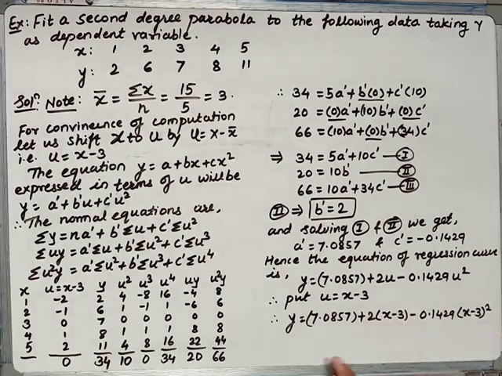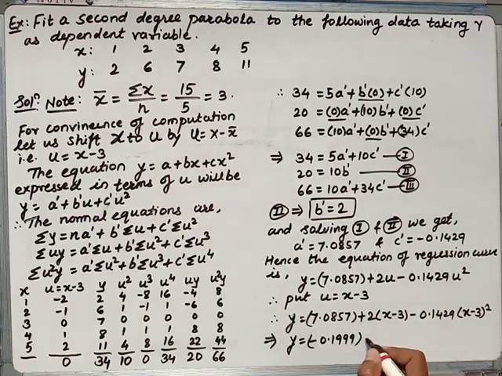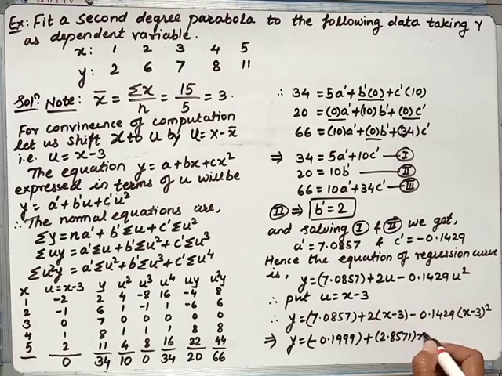Simplify it. After simplifying, we get y equal to minus 0.1999 plus 2.8571 times x.